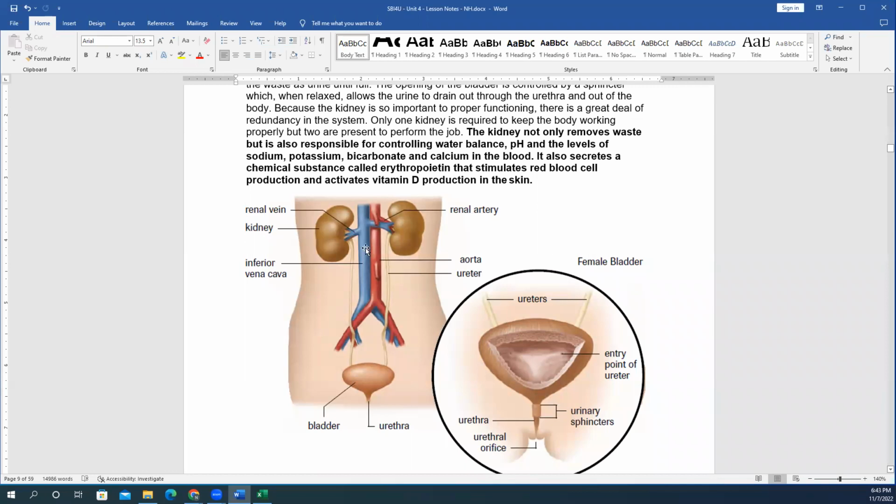The kidney's job is not just to remove waste, but also to help control water balance, pH, sodium levels, potassium levels, bicarbonate, and even calcium in the blood. It also secretes a chemical substance called erythropoietin, whose job is to stimulate red blood cell production and also activate vitamin D production. So as you can see, the kidneys are super important.